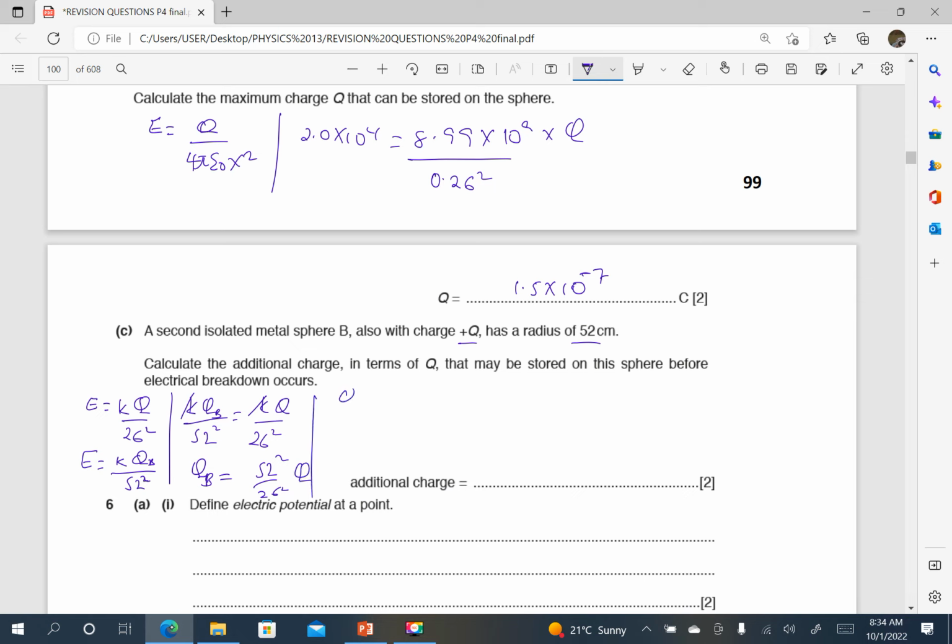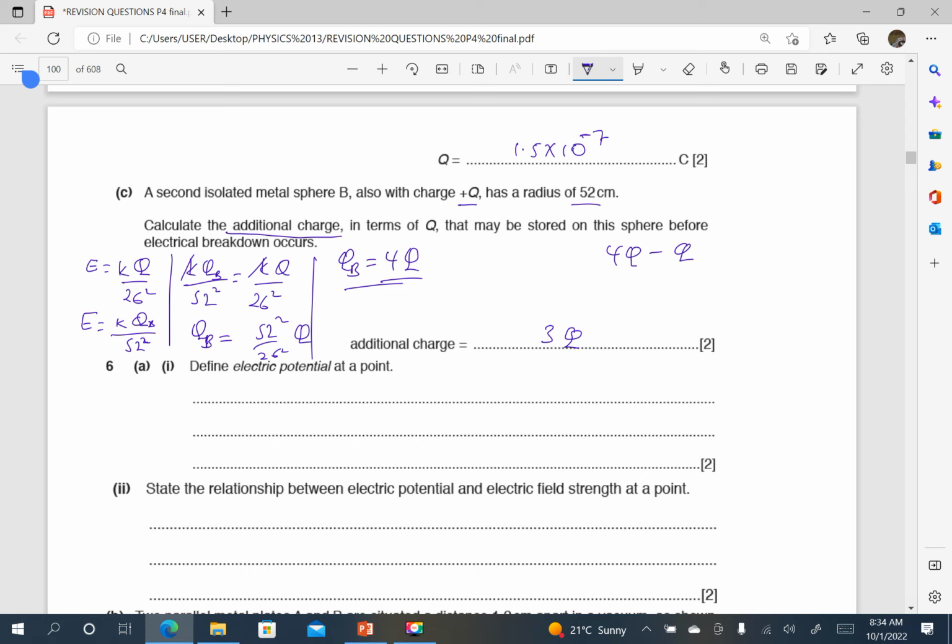And you notice that QB is going to be equal to 4Q. So the question wants the additional charge added. So additional charge is going to be 4Q minus the initial value, which was Q. So additional charge is 3Q. It is 4Q in the second case minus Q in the first case, that gives us 3Q as the additional charge.